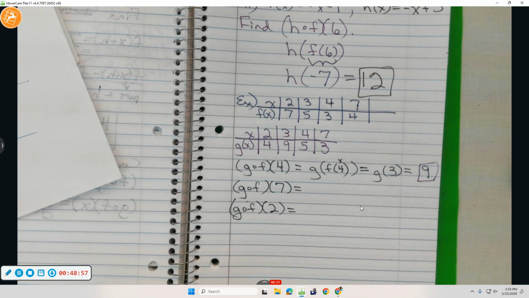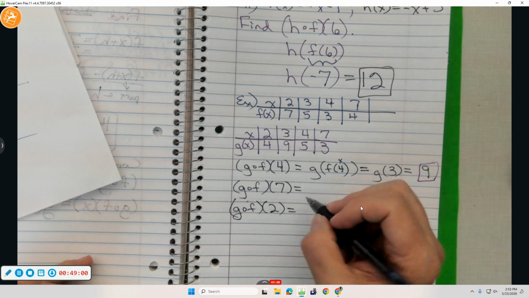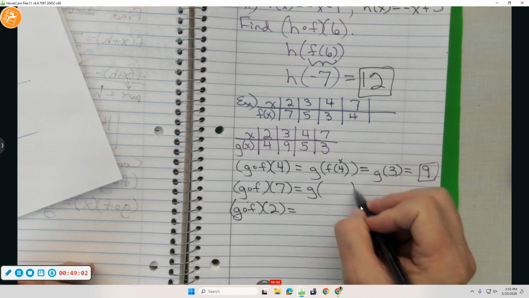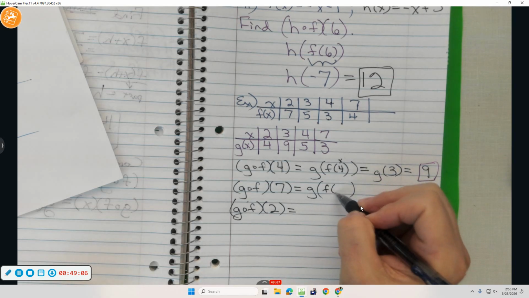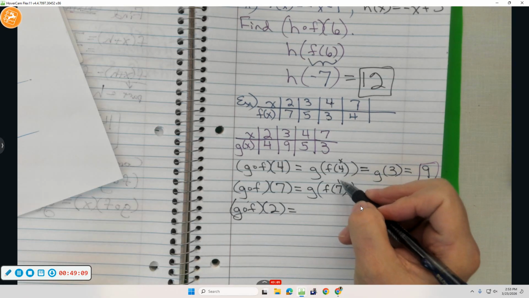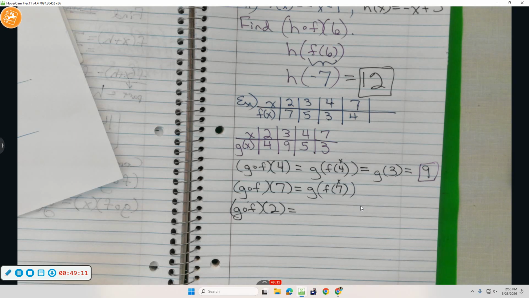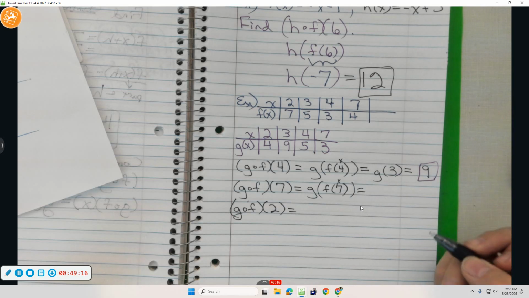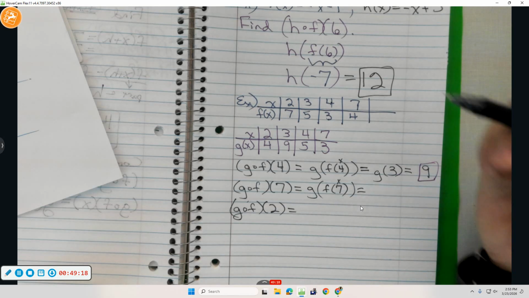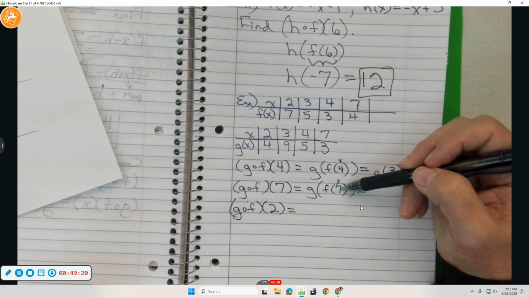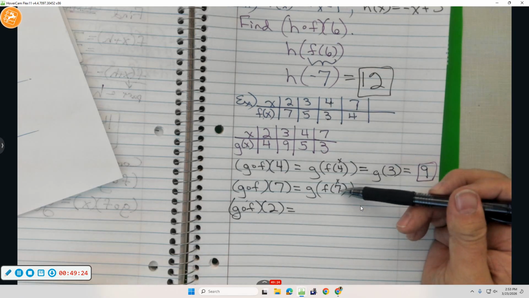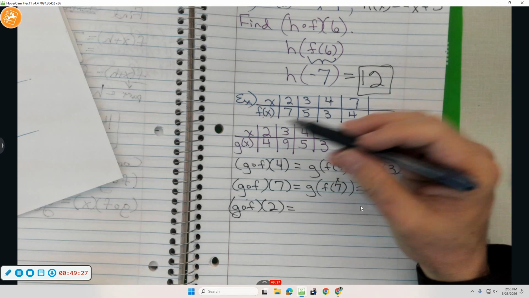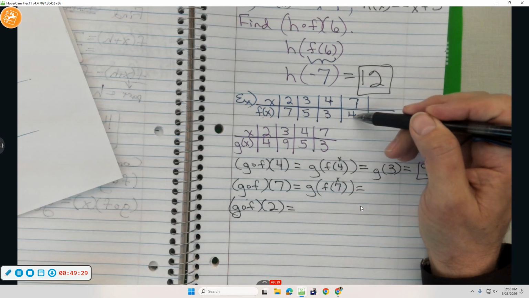Let's do g composed with f of 7. That means g is on the outside. What have we got on the inside? F of 7. Our starting x value is 7. F assigns 7 to, I heard 3 and 4. Which one? We go to F. Be careful, you're going to F, not G. You go to F. 7 is assigned to 4.